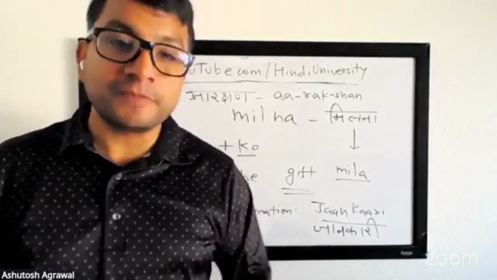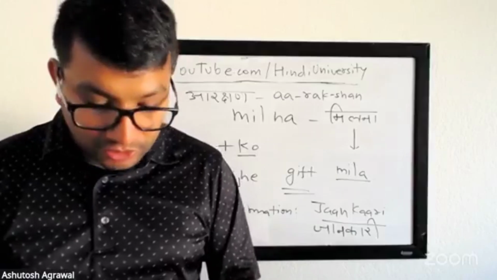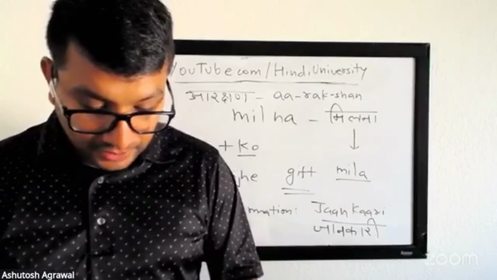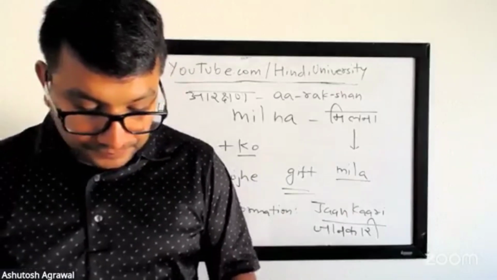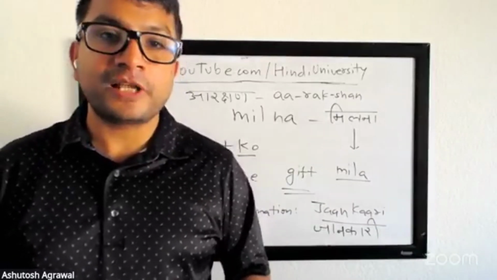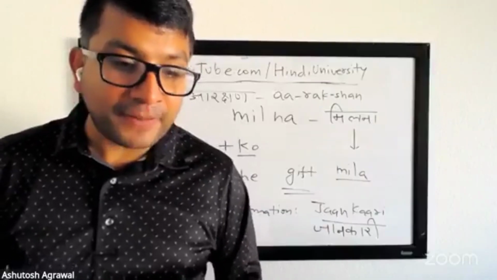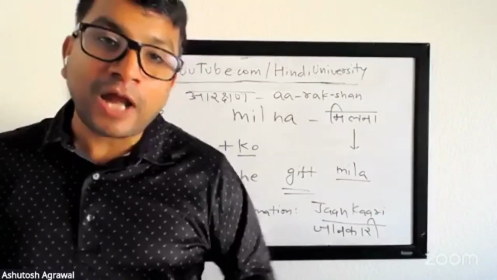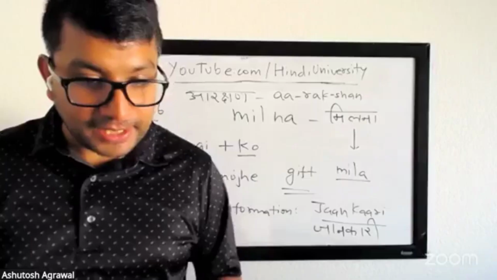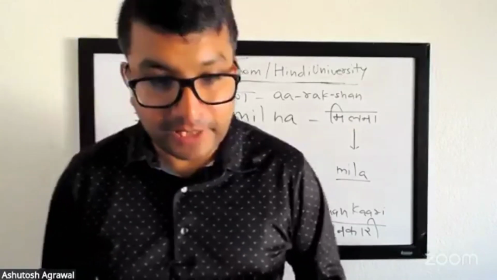Mujhe documents mile, or dastavez mile. Sometimes we say the phone number as well, like मुझे आपका number मिला. I got your phone number. मुझे आपका number Vlad से मिला. I got your number from Vlad.